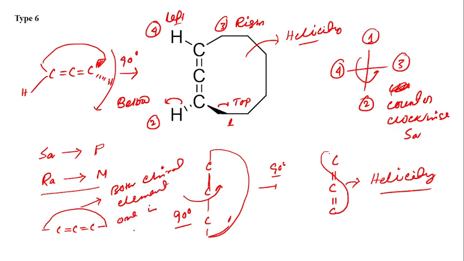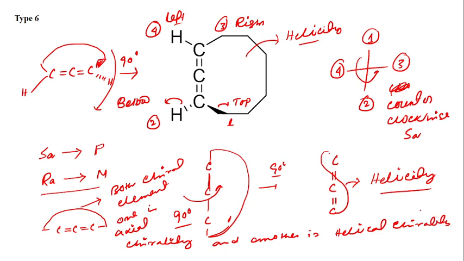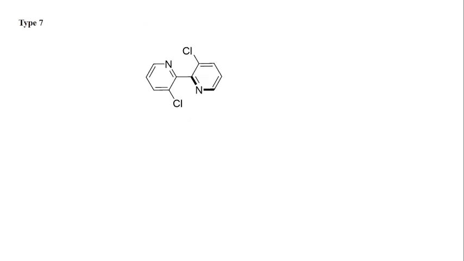One is axial chirality, and another is helical chirality. So these are very interesting points. If you don't properly look at the molecule and the twisted structure, you cannot identify the helical structure inside it.